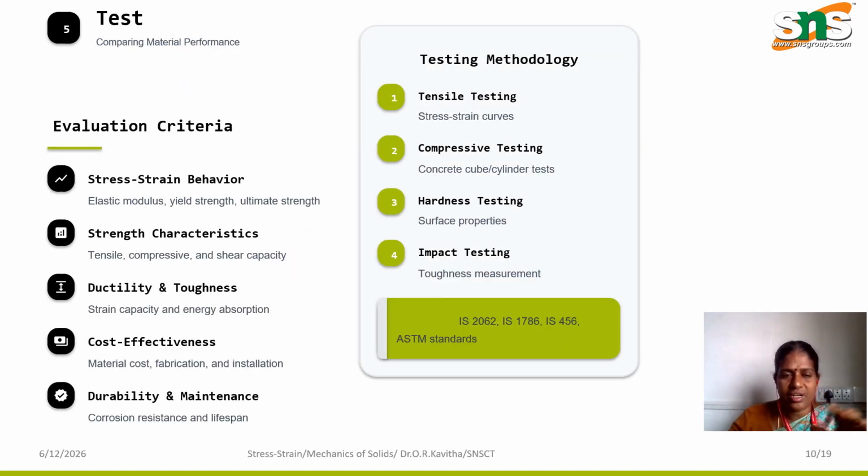Whenever we take any material, we have to understand the stress strain behavior, strength characteristics, ductility and toughness, and it should be cost effective, have a good lifetime, and be easy to maintain. For this we do testing such as tensile testing, compressive testing, hardness testing, impact testing, etc., according to the codal provisions.